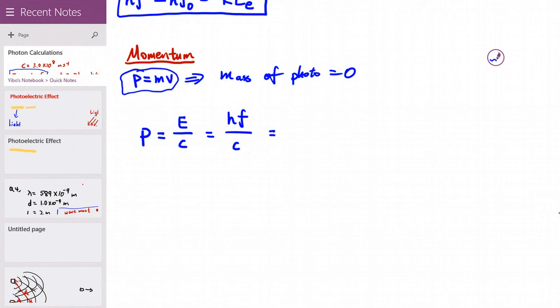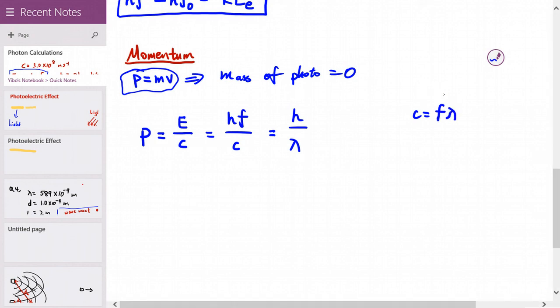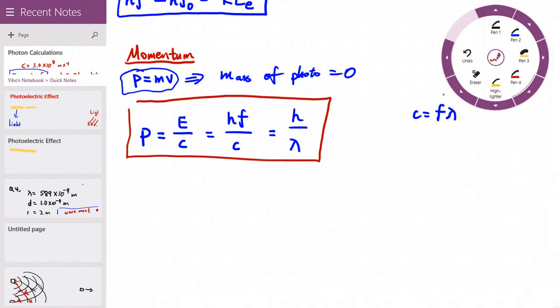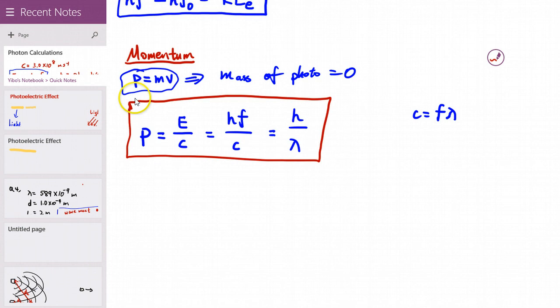We can rewrite this equation in this form. Remember, the speed of light is basically frequency times the wavelength. So this is how to find the momentum of a photon.